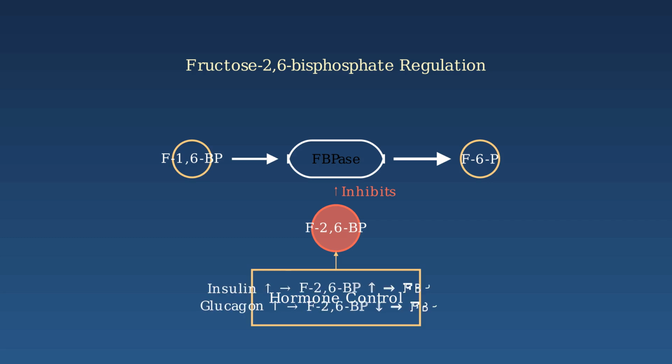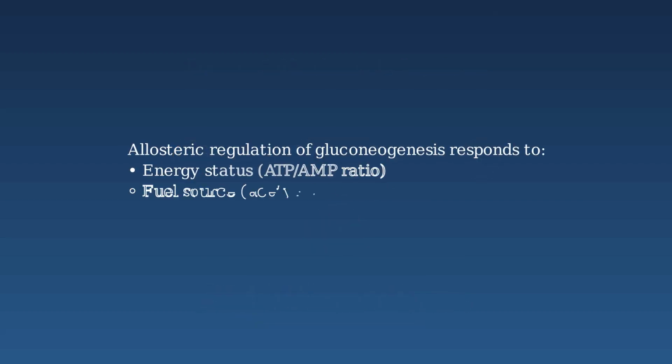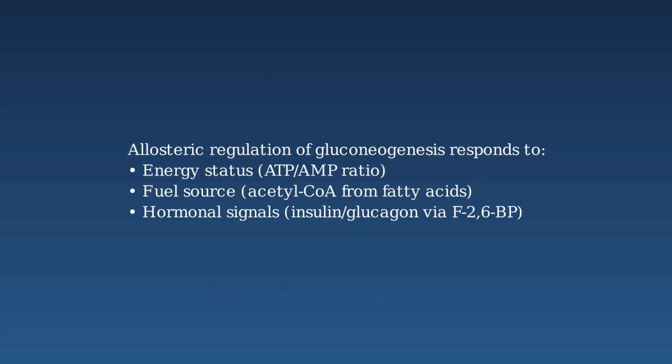Insulin increases fructose 2,6-bisphosphate levels, inhibiting gluconeogenesis. Conversely, glucagon decreases fructose 2,6-bisphosphate, activating gluconeogenesis. These allosteric regulatory mechanisms ensure that gluconeogenesis responds appropriately to the body's energy status, available fuel sources, and hormonal signals.